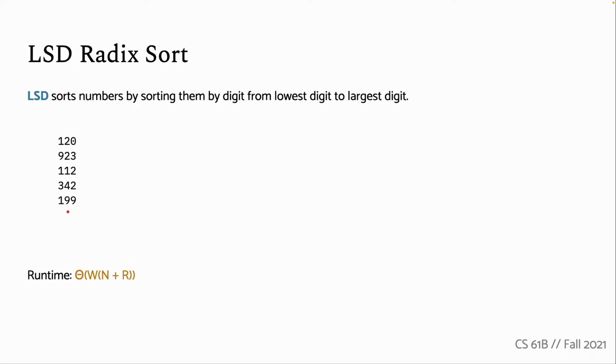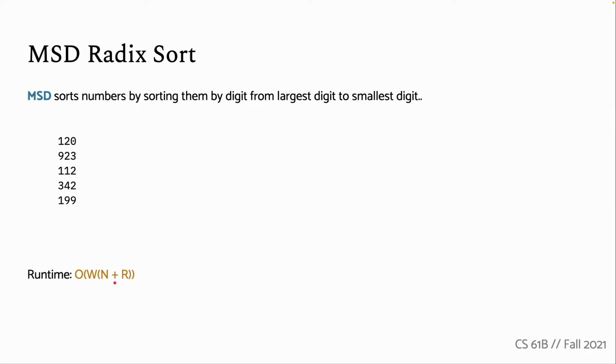Since we're dealing with integers, the size of our radix is going to be 10 because each digit can have one of 10 values, and W is the length of our largest term or word or number. So in this case, W is equal to 3. Since W and R are relatively negligible, even as n gets really, really big, this is almost linear time, which is amazing for a sort.